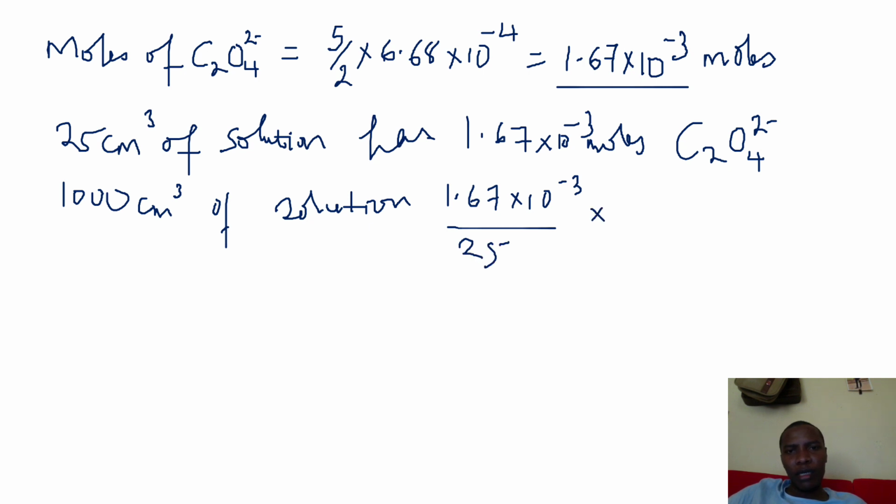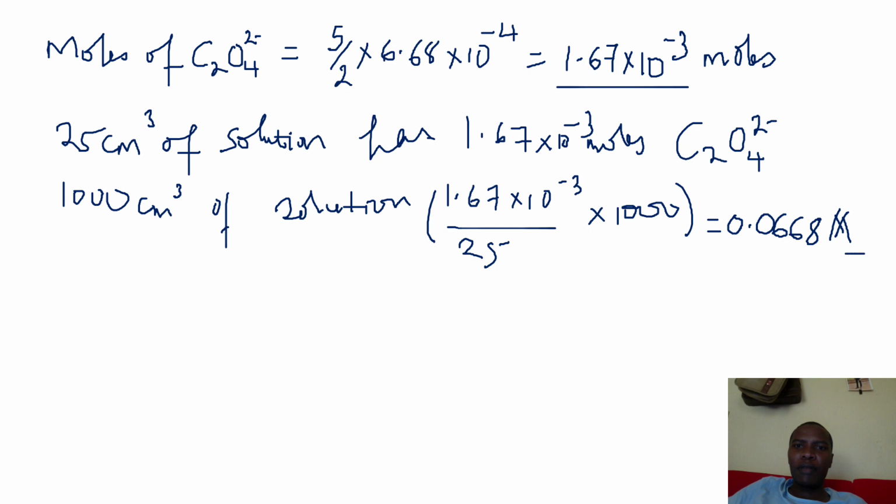Then we multiply this one by 1000. If you check properly, this is going to give us around 0.0668 molar. So we have this as the concentration of all the oxalate ions.